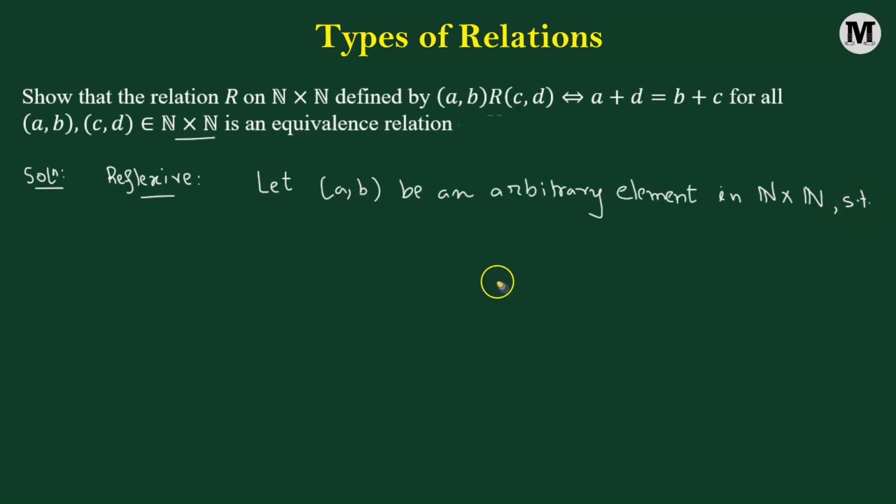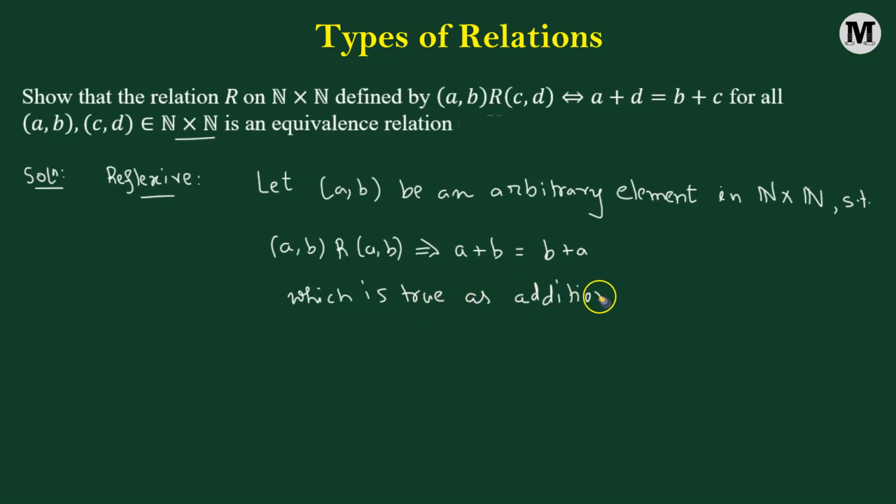If we consider the ordered pair (A, B) related to the ordered pair (A, B), then this relation simply gives us that A + B must be equal to B + A. And this is indeed a true statement, as addition is commutative under N. That means under the set of natural numbers, addition is commutative. If this is a true statement, that means this must be true.